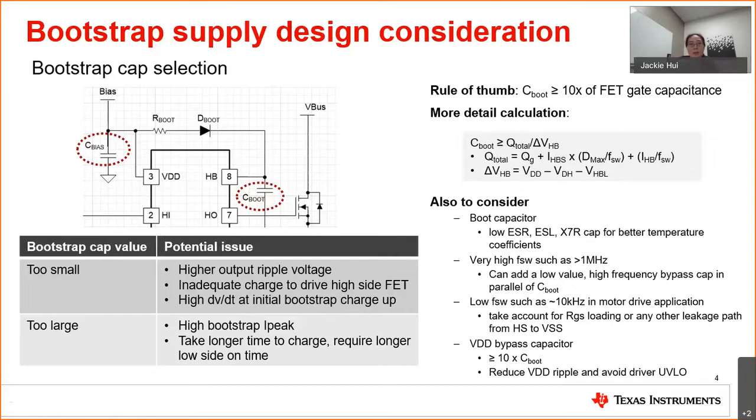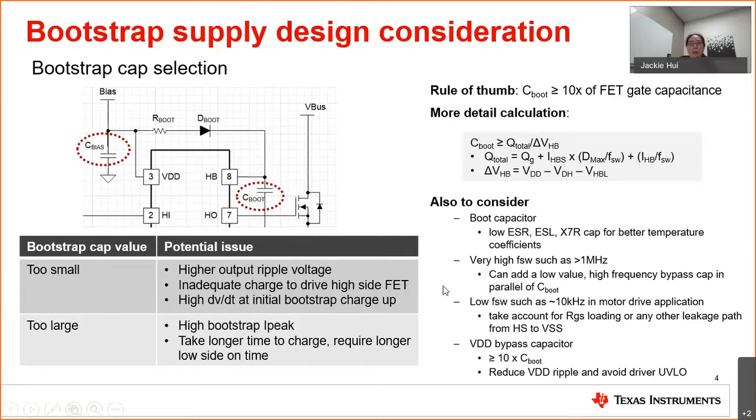The reason for that is over temperature, the cap value will change. If it falls below its minimum value, then you go into the potential issue of using too small a cap, which means you will not be able to turn on the high side FET properly.